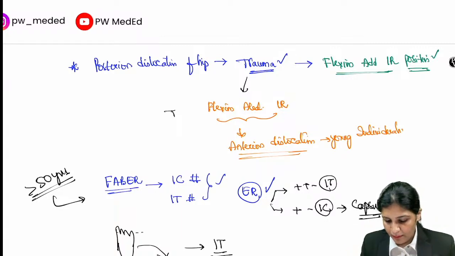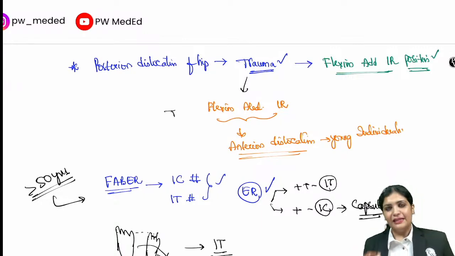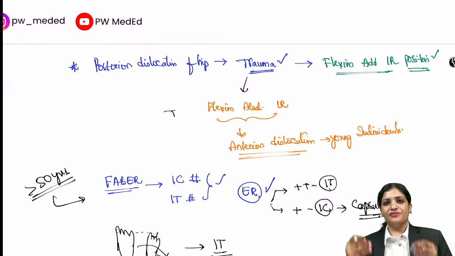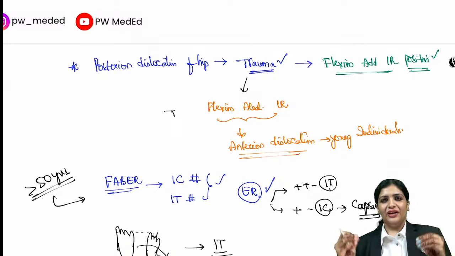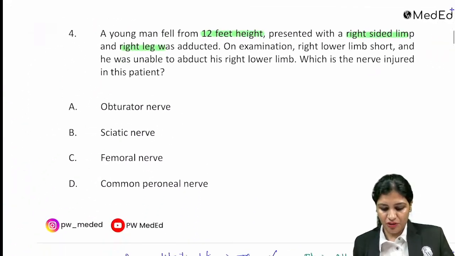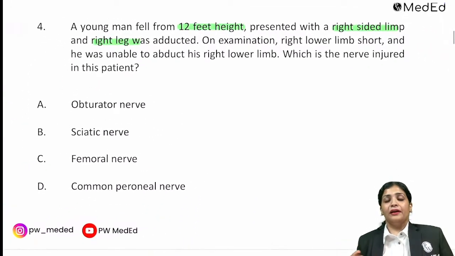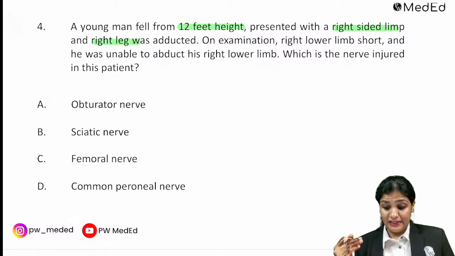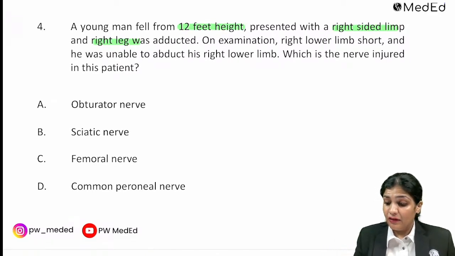If there is only minimal external rotation, somewhere in between like this, then that is your IC fracture. If there is a classical deformity of flexion, abduction and external rotation in a young patient with trauma, it suggests a fracture. Now here in this case, it is asking what is the nerve injured in this patient.